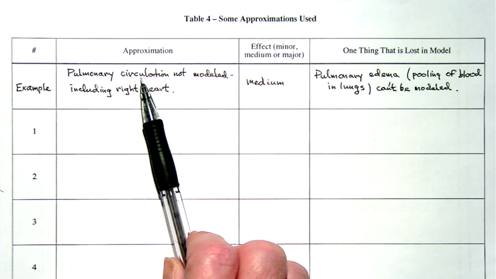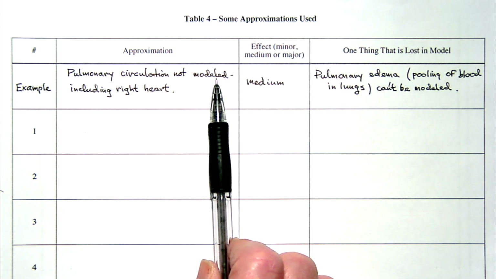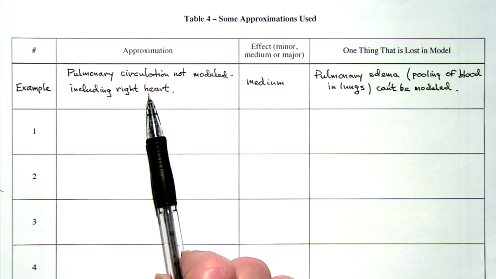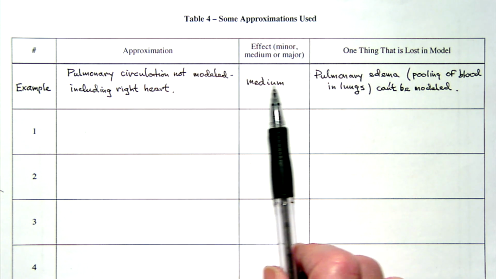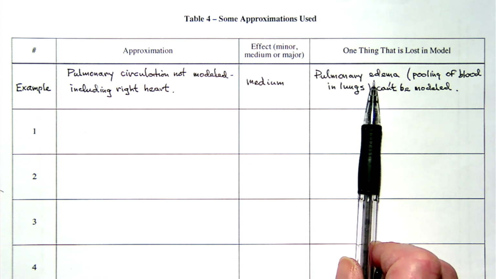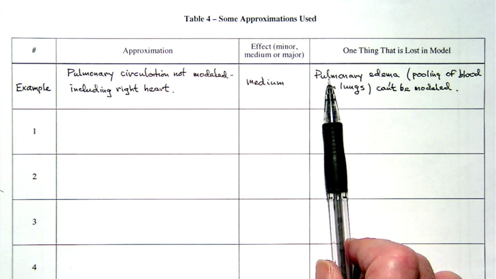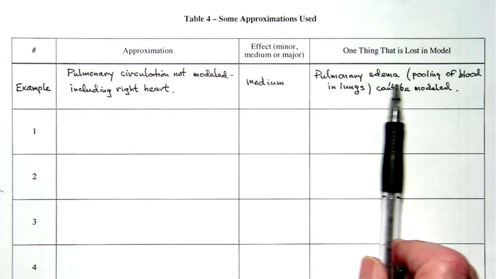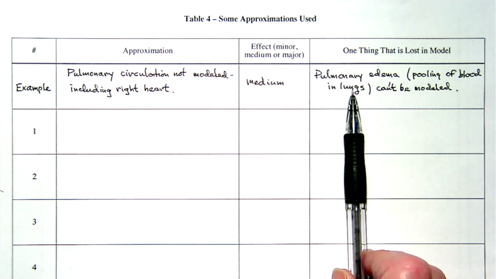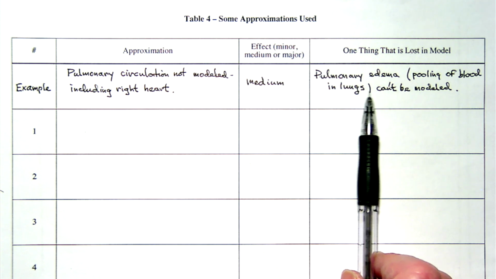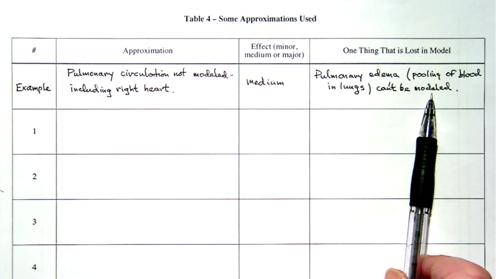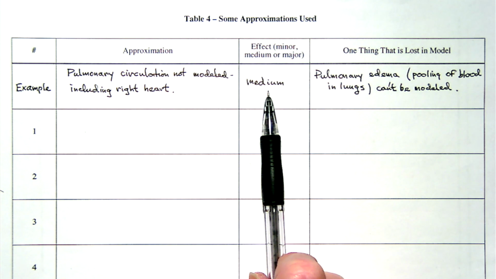The pulmonary circulation is not modeled in our model, and that includes the right heart, the right atrium, and the right ventricle. Now, for every approximation, there's a price to pay. There'll be something that can't be modeled anymore. And for this approximation, it's pulmonary edema, which is pooling of the blood in the lungs, which often accompanies left heart failure, can't be modeled. Now, I've made a judgment that its effect on the final accuracy is medium here.